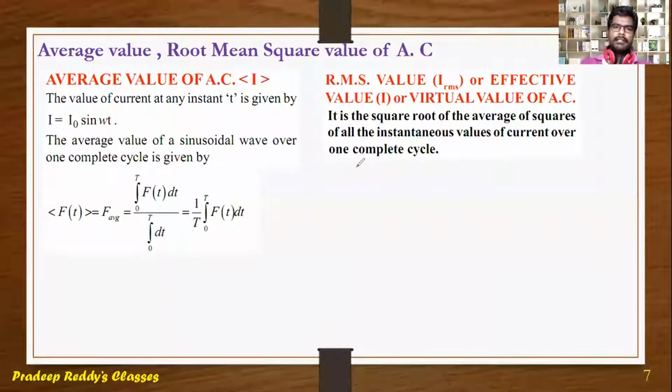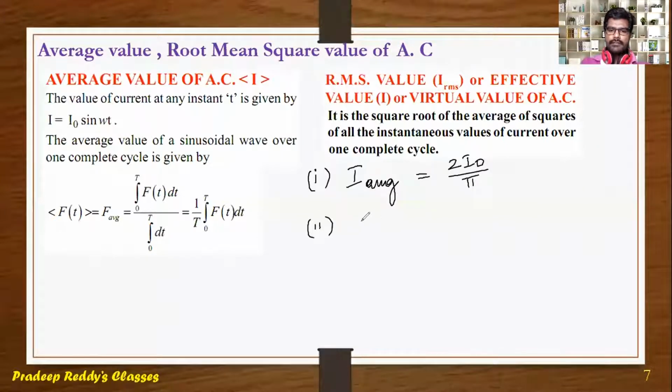So far we have learned three different currents. One is I average, which is equal to 2 I naught divided by pi. Next is I RMS, which is equal to I naught divided by root 2.